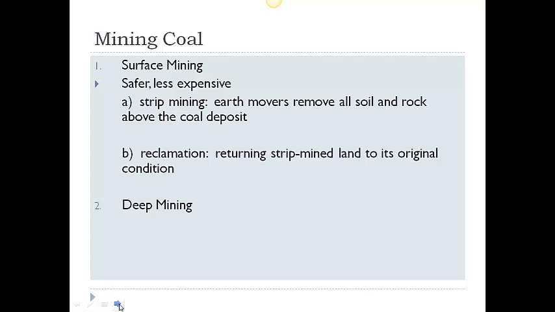And the second type of mining is called deep mining. It is more expensive. It's not quite as safe. This is when you hear people talking about miners that have died in an accident. It's usually those that are in a deep mine. There are different types of systems for how they do this, but they're going to dig down into the earth, create a tunnel.